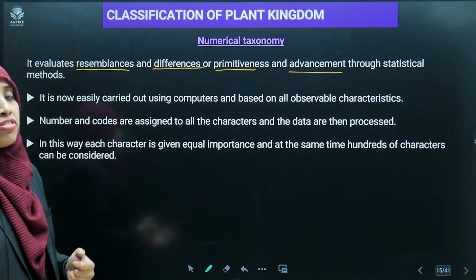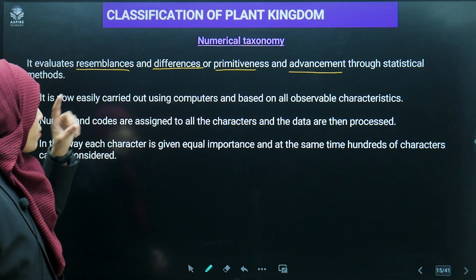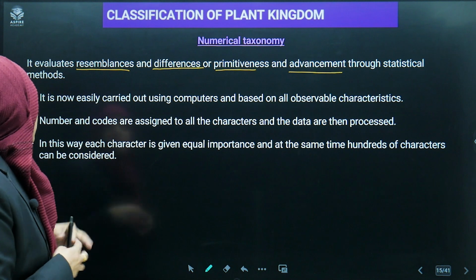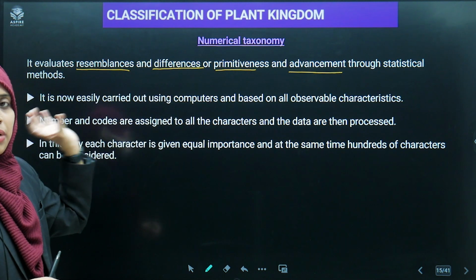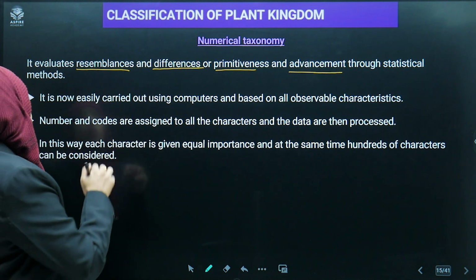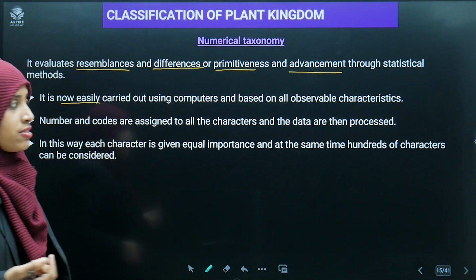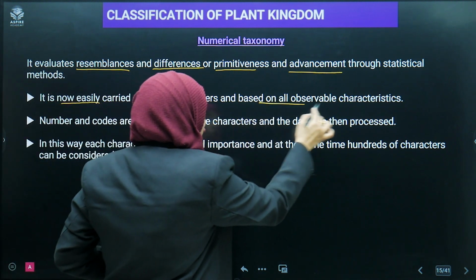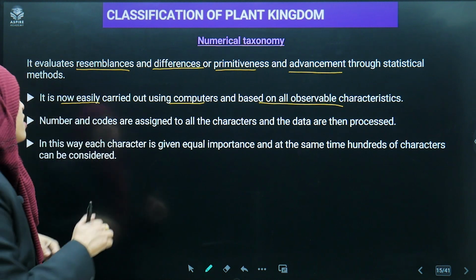Either they are primitive, or they are advanced. So this numerical taxonomy deals with all this. So it is now easy to be carried out since हम statistical method apply कर रहे हैं यहाँ पे. Okay, so it is now easily carried out using computers. Okay, and based on all observable characteristics, numbers and codes are assigned.